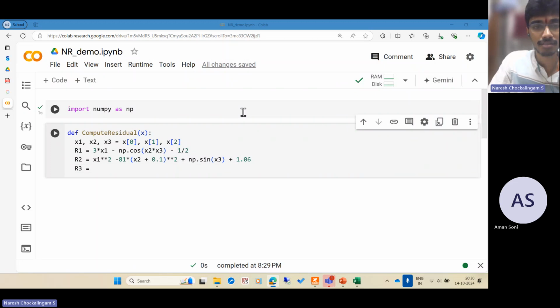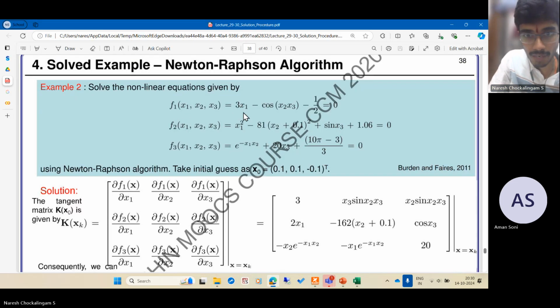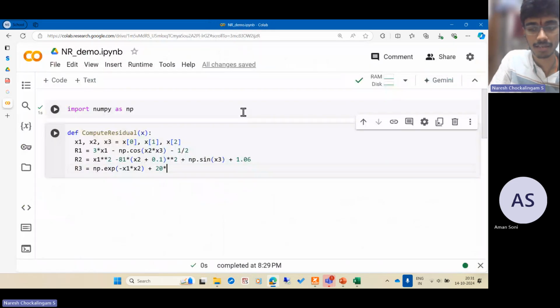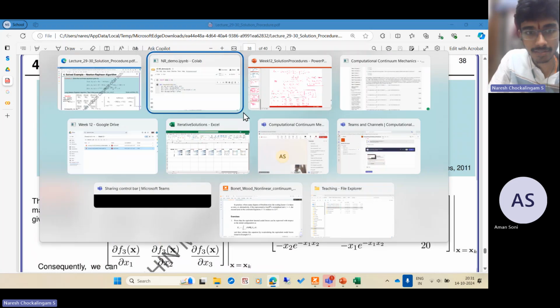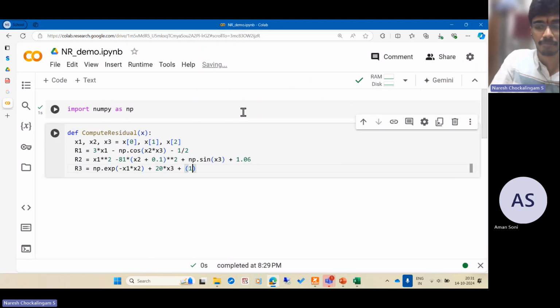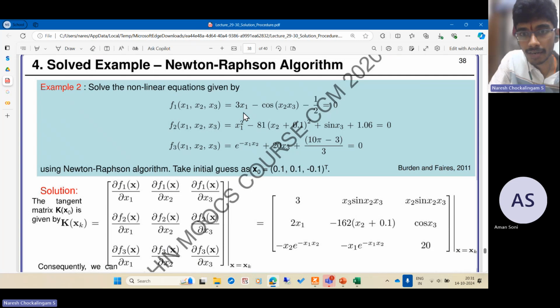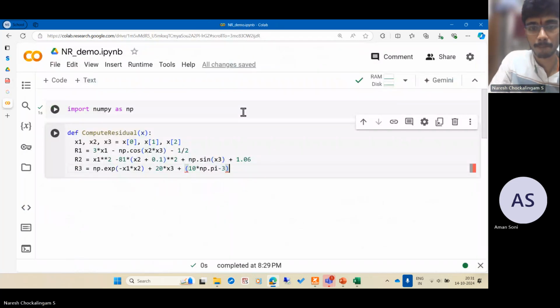Okay, then R3 is e power minus x1 x2. So it's np dot exponent of minus x1 star x2, plus 20 x3, plus 10 pi minus 3, divided by 3. This is equal to 0.